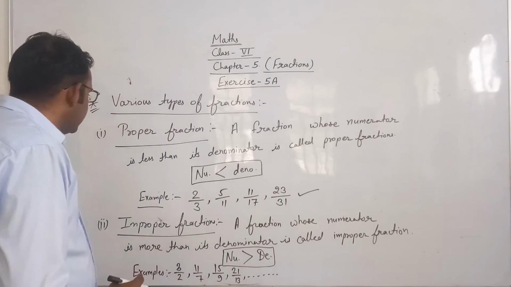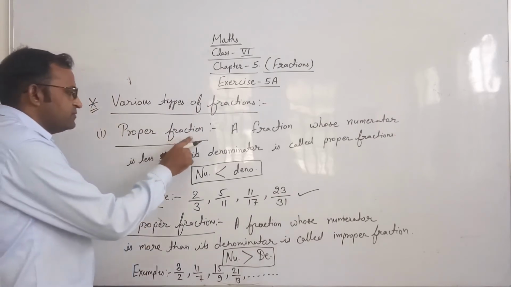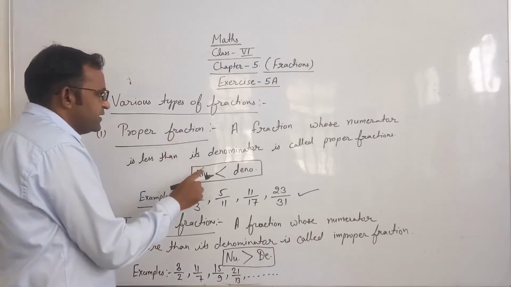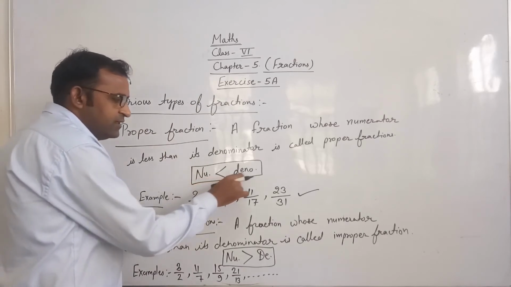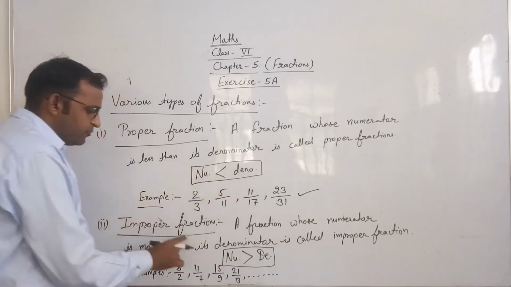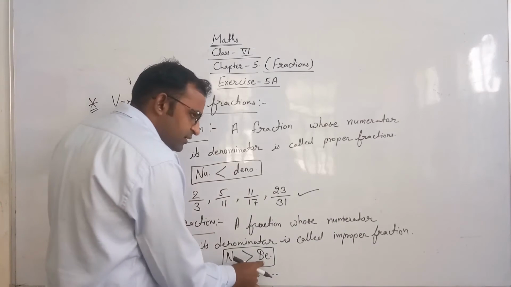Okay. So first type, proper fractions, numerator is less than denominator. Second type, improper fractions, numerator is more than denominator.